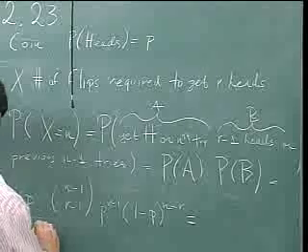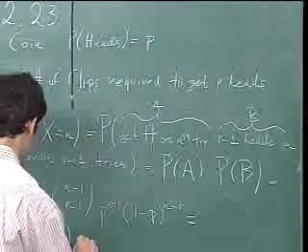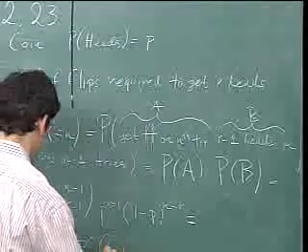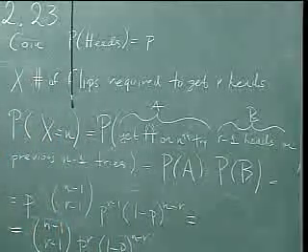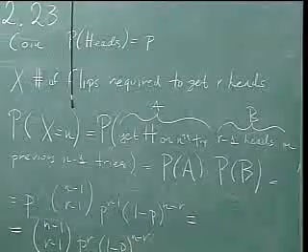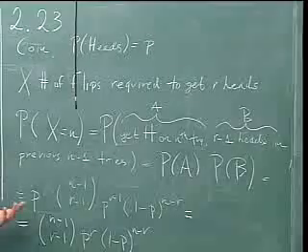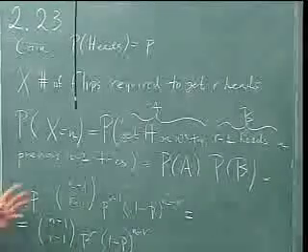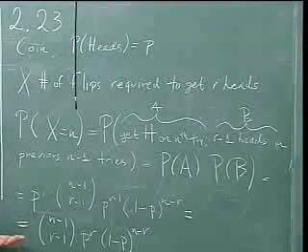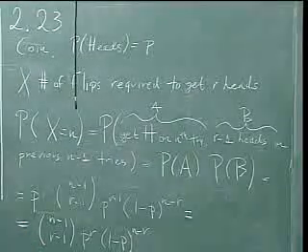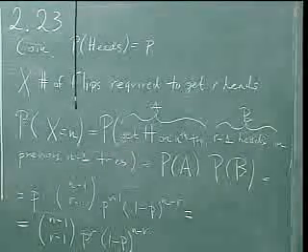So n minus 1 choose r minus 1, p to the r, and note that when we substitute r equals 1, which corresponds to a geometric random variable, we recover the formula for the geometric. So it shows how this is just a direct generalization of that.